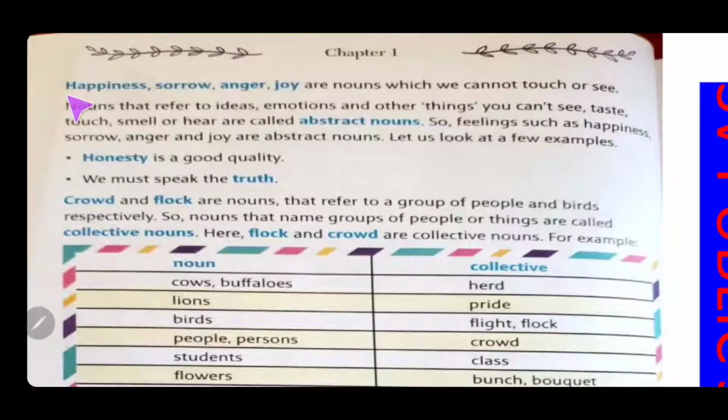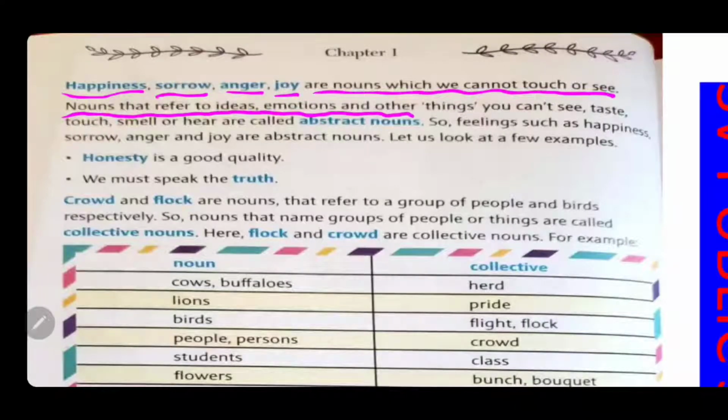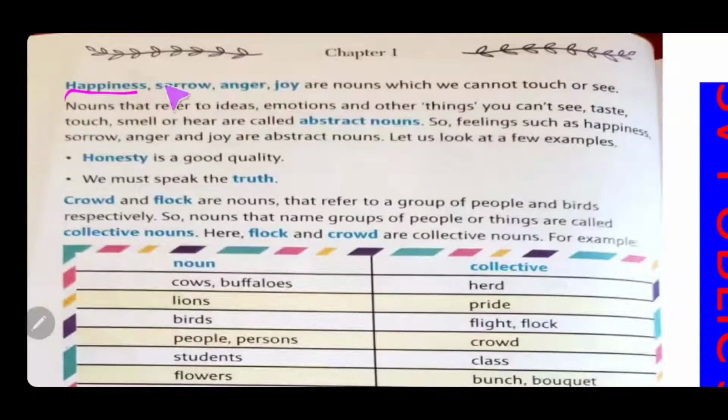Now, happiness, sorrow, anger, joy are nouns which we can't touch or see. Nouns that refer to ideas, emotions, and other things you can't see, taste, touch, smell, or hear are called abstract nouns. Here, happiness, sorrow, anger, joy are emotions, and they are also nouns.